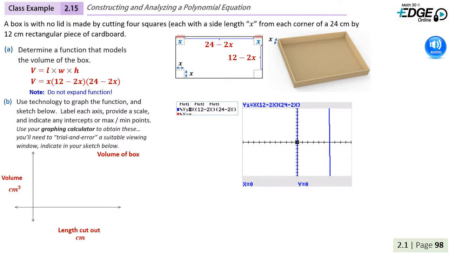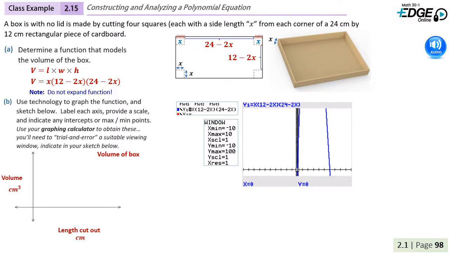When we first type this into our graphing calculator, we don't see very much. We see a near vertical line along the y-axis, and then we see another near vertical line passing through x equals 6. So we'll have to do a little bit of work to fix our window. If we increase our y value to a maximum of 100, we still don't see that max point.